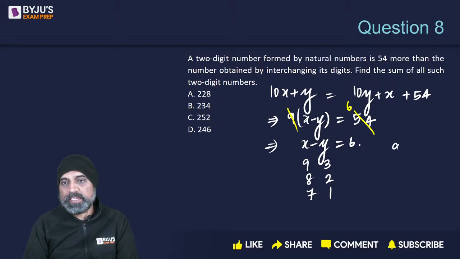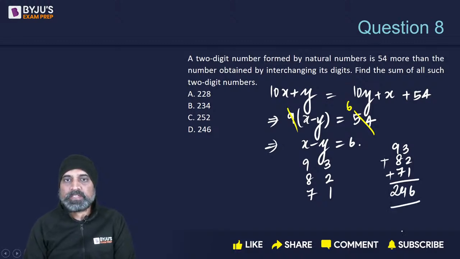So the numbers being 93, 82 and 71, which will give us, if we add, 246. So we have 3 such 2-digit numbers, one being 93, right?